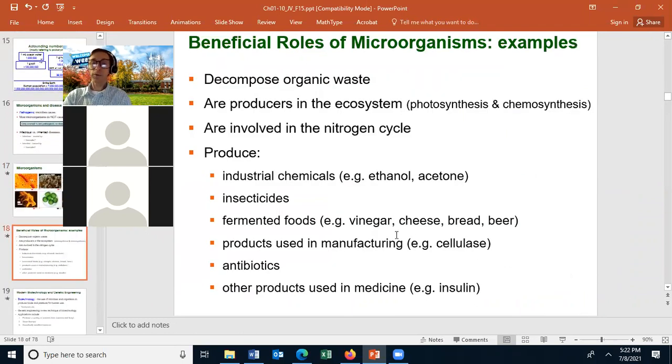Microorganisms play a number of beneficial roles in the environment and for us. We use them to decompose organic waste in our water treatment facilities, and obviously they decompose organic waste all over the planet.